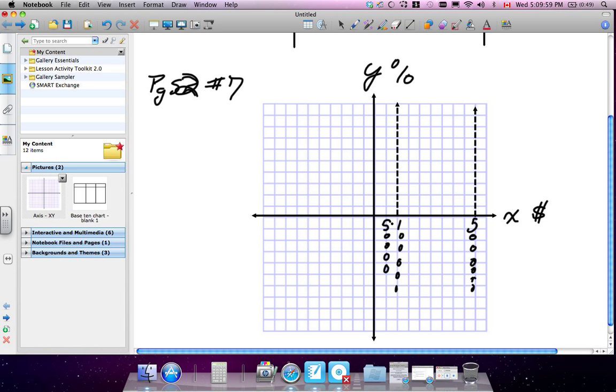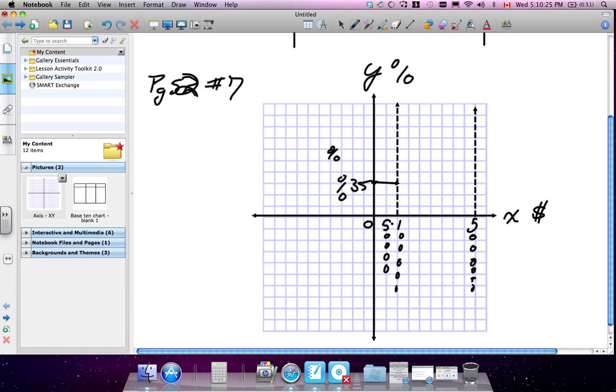From 0 up to 100,000, we're paying 35% in tax. Call that the percentage. So if I have a line, no matter what amount I'm making, it's 35%. Then, as soon as I get above 100,000, my percentage increases to 45%.